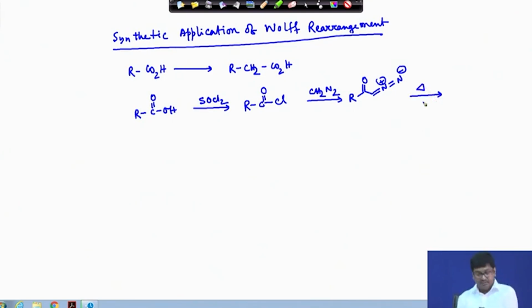So, under thermal conditions, it will form the carbene, and this can go for this Wolff rearrangement to give the ketene moiety.